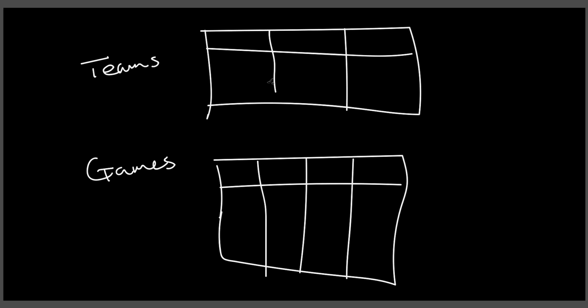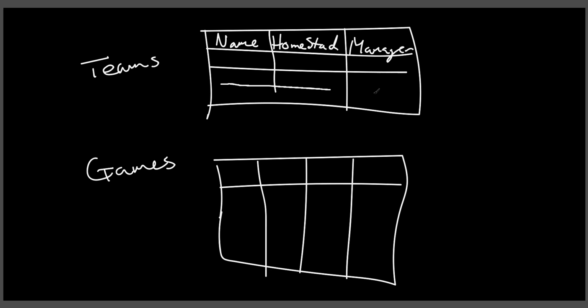Okay, so first of all, we'll need team names. We'll need home field or home stadium. We'll need a manager for the team. And of course, we'll need some examples of teams within this table.